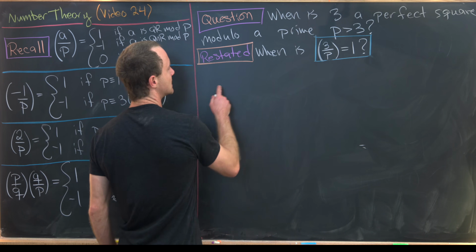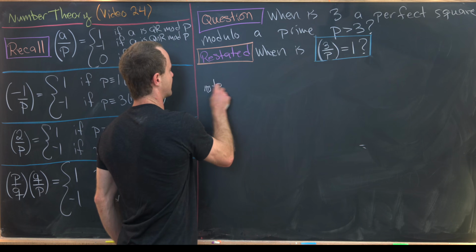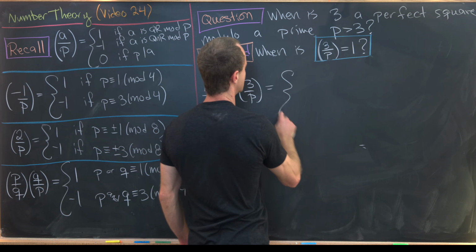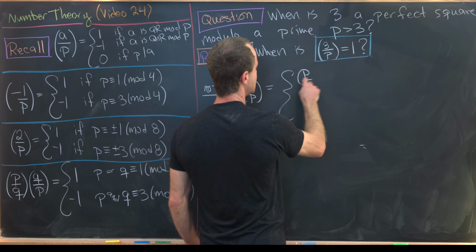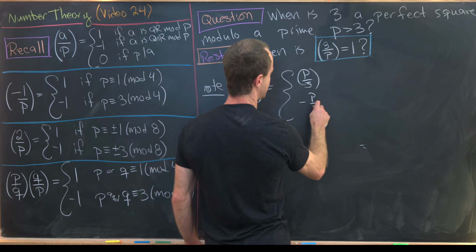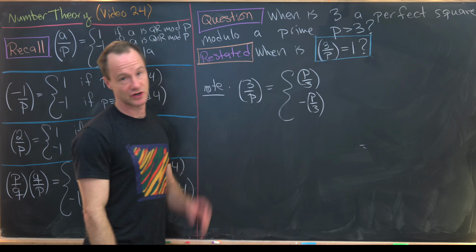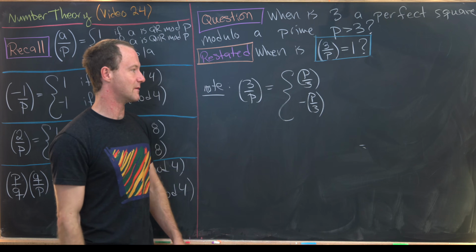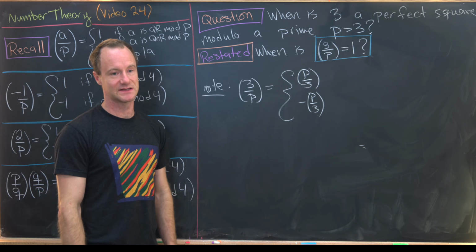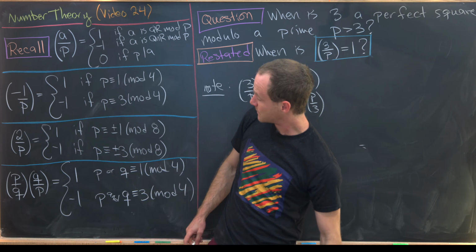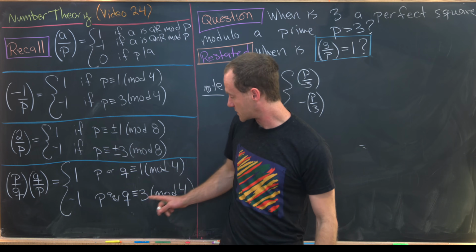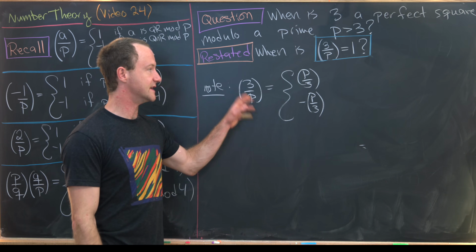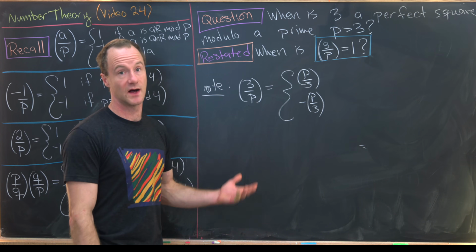Okay, so let's notice the following first. We have 3 by p is equal to either positive p by 3 or negative p by 3. By quadratic reciprocity, we know that we can exchange the order of the top and the bottom. We may pick up a minus sign depending on whether these parts are congruent to 1 or 3 mod 4. Well, we know 3 is 3 mod 4, obviously.